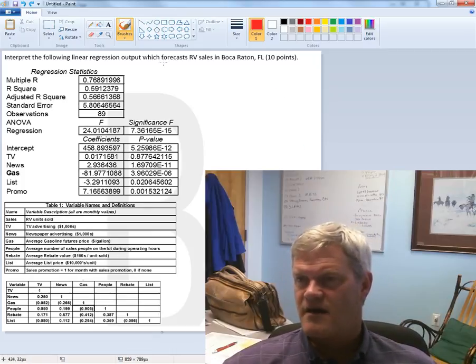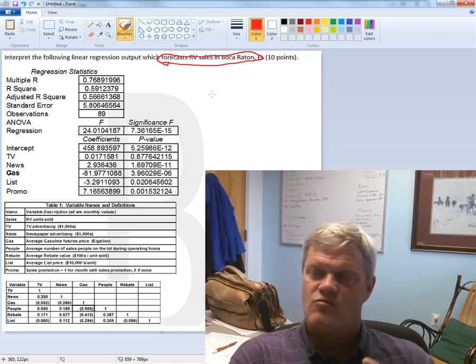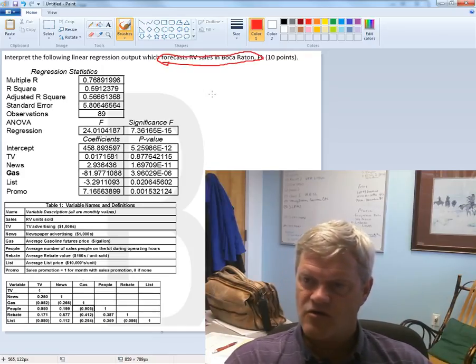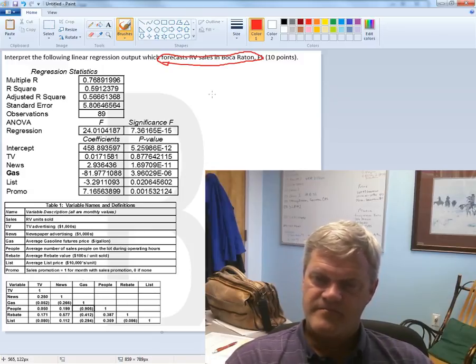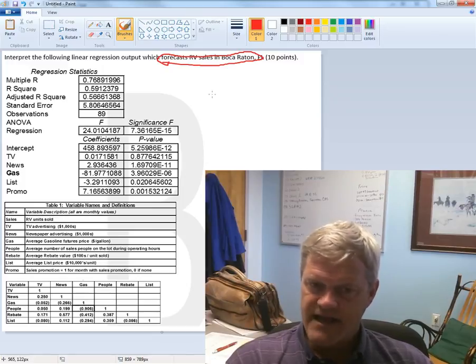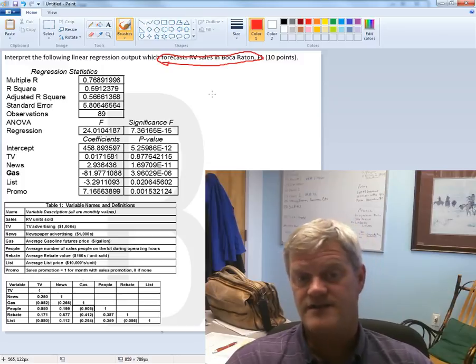Up here at the top, this model forecasts RV sales in Boca Raton, Florida. Okay, we mentioned this in class. To run this model, we collected a bunch of history on RV sales in that particular area of Florida. Regression models are only able to predict within the environment where the data was collected from.